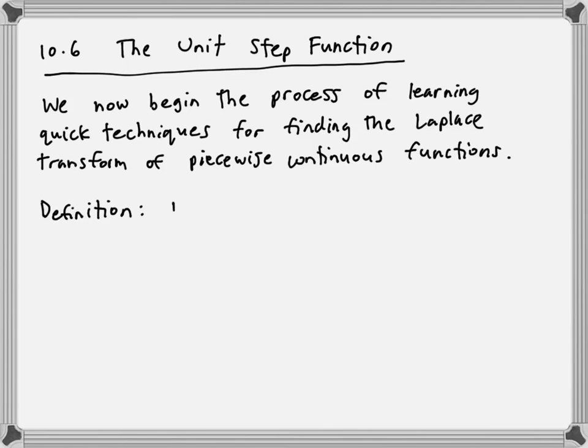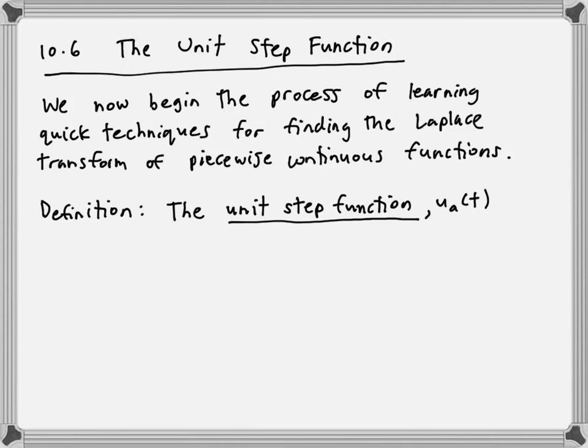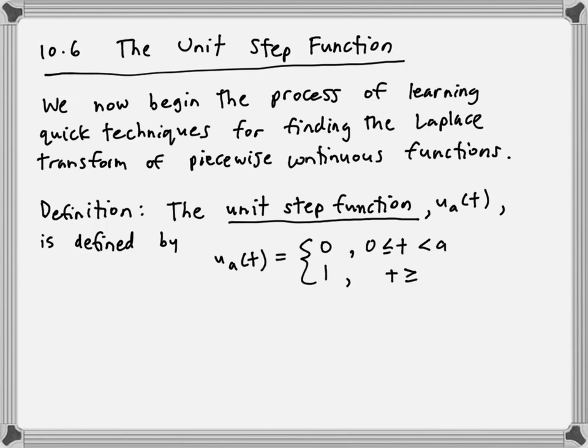So the unit step function, which we write as u_a(t), is defined by the following. u_a(t) is equal to 0 when t is between 0 and a, and 1 when t is greater than or equal to a.